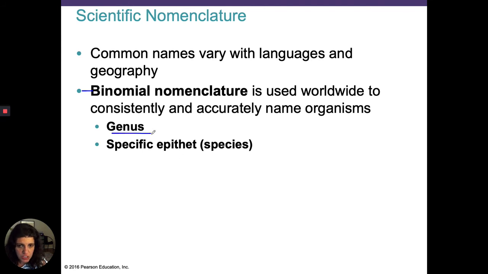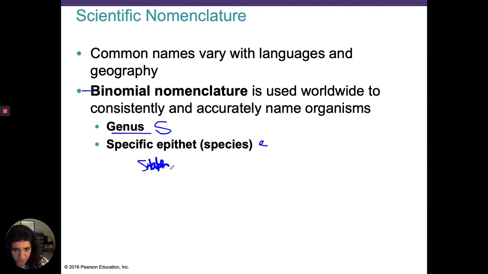The genus is always a capital letter, Staphylococcus, for example, and the specific epithet would be epidermidis, lowercase letter, okay? Remember that the name needs to be written in italics or underlined. Okay, so if you're handwriting a name, let's say staph.